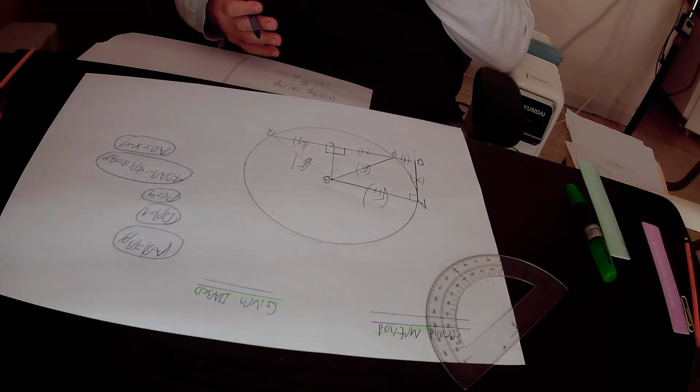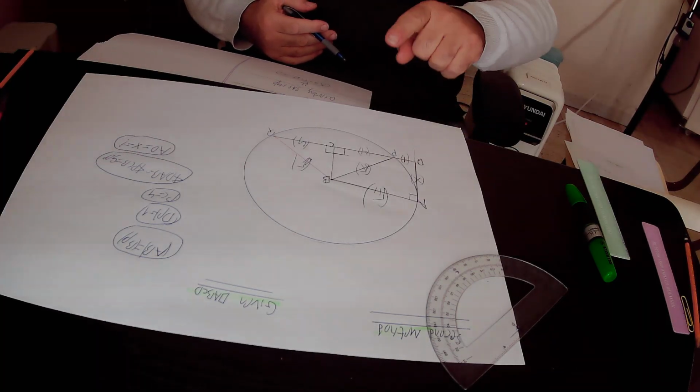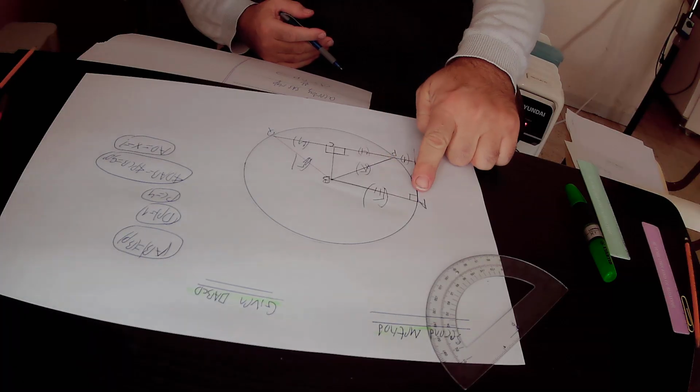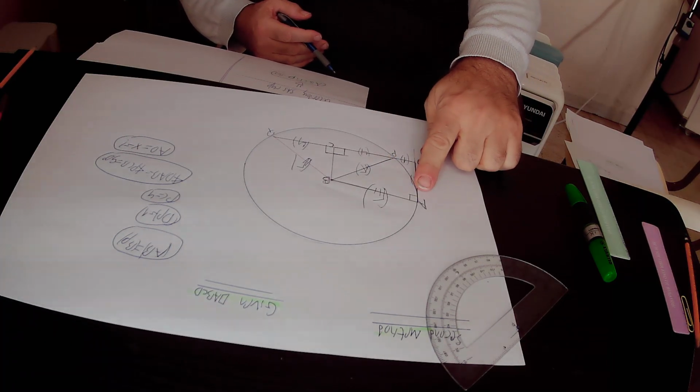What is the definition of a radius of a circle? The radius of any circle starts from the center of the circle and ends at the point of the circle itself. So point A is located on the circle itself.